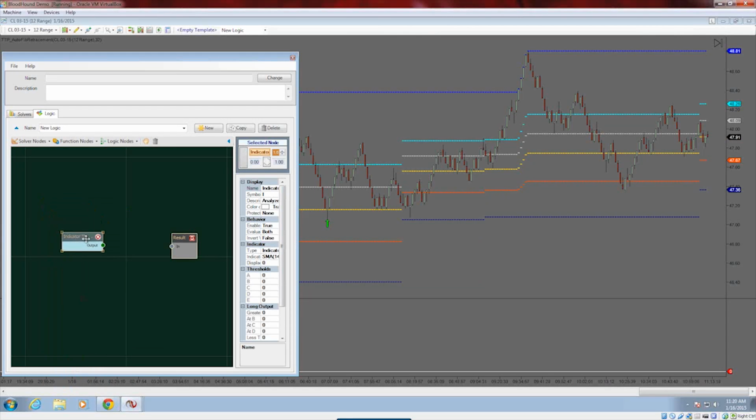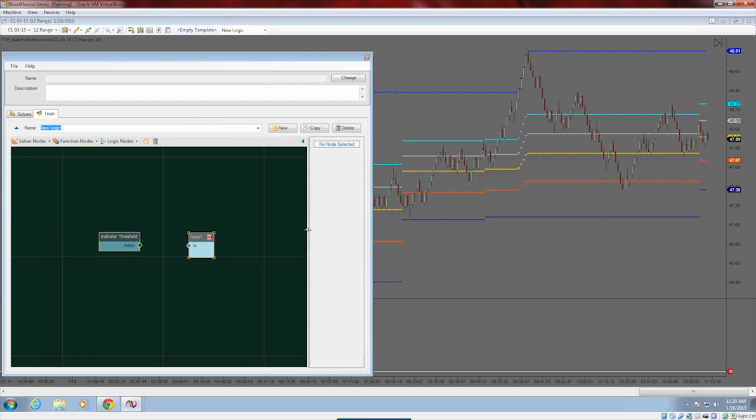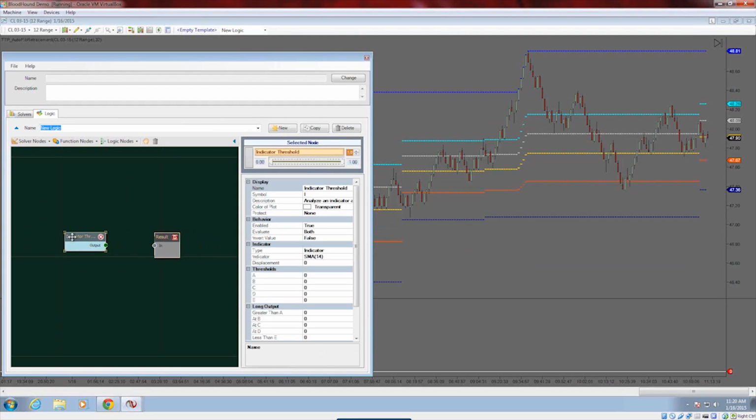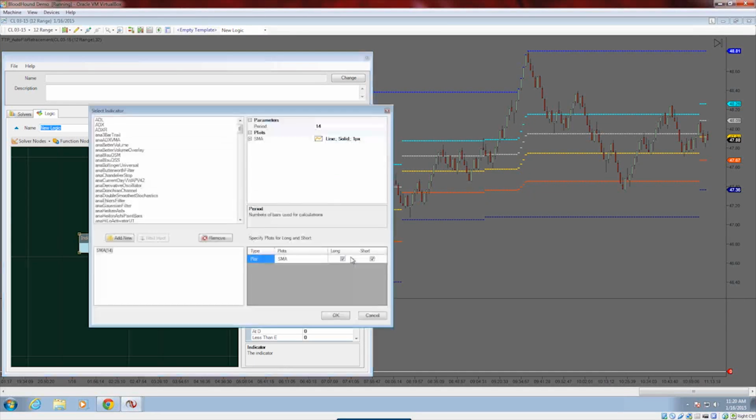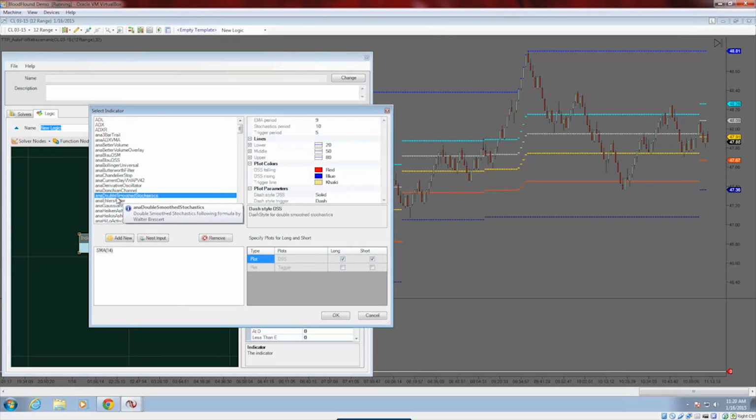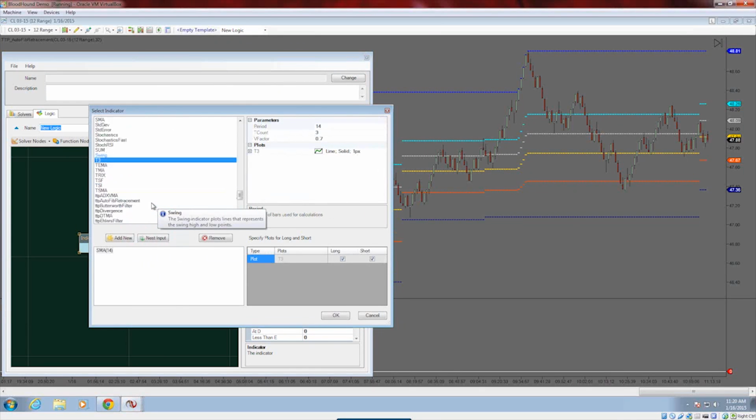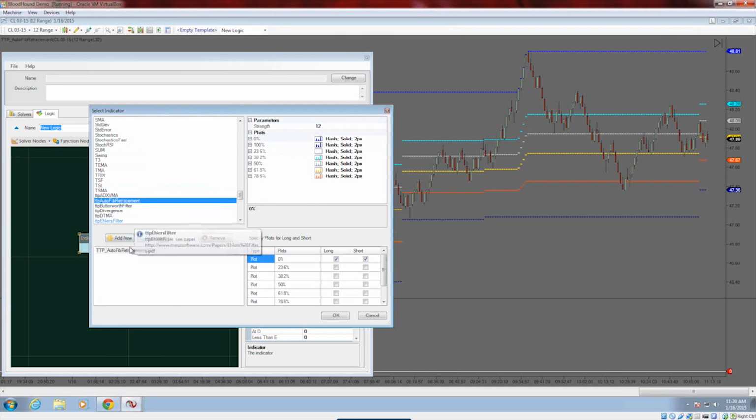So I just right-click, add the indicator threshold, and then add here under indicator, SMA 14. I'm going to open this window up, scroll down to the T's. It's going to be the TTP Auto Fib Retracement indicator right here.